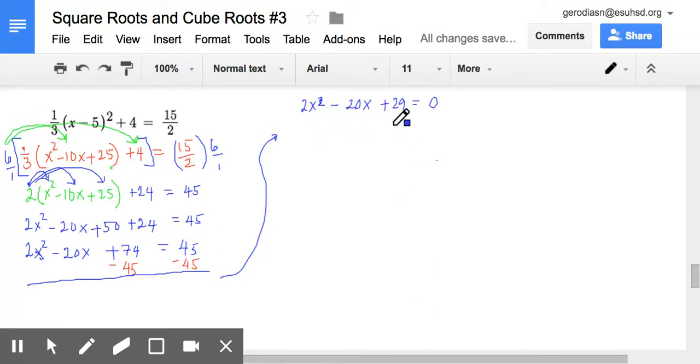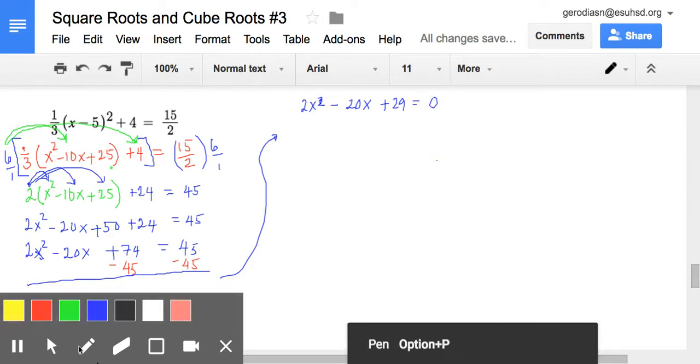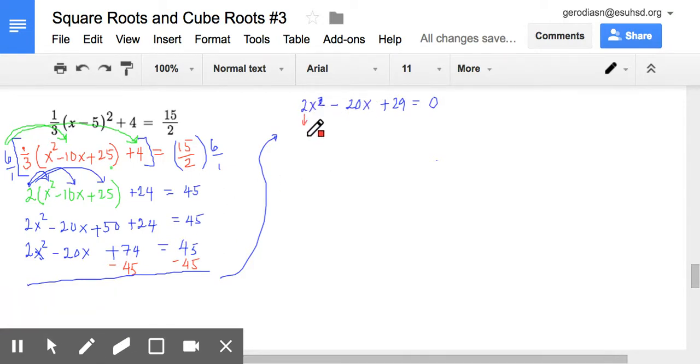And completing the square will work, but maybe we're going to end up with fractions. So let's just use the quadratic formula. So here, the A is 2, B is negative 20, and C is 29. So we're ready to use the quadratic formula.